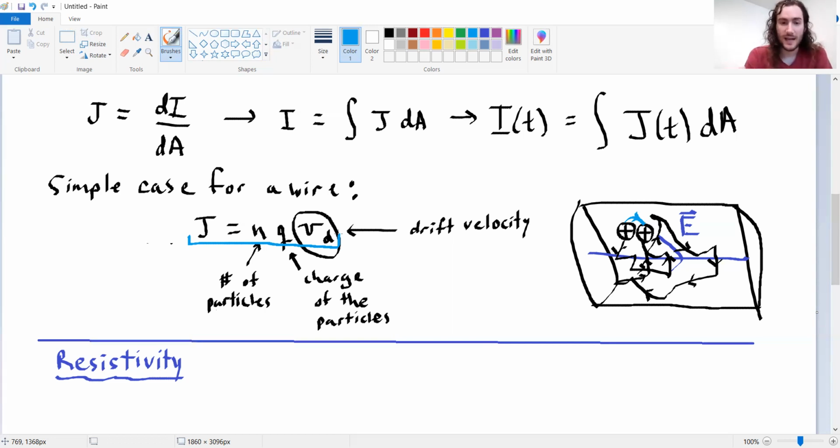It would accelerate in that direction, but because it keeps colliding with everything in its area, there's some sort of friction force involved there. And so that velocity, that terminal velocity that it reaches, ends up being constant. We call that the drift velocity.